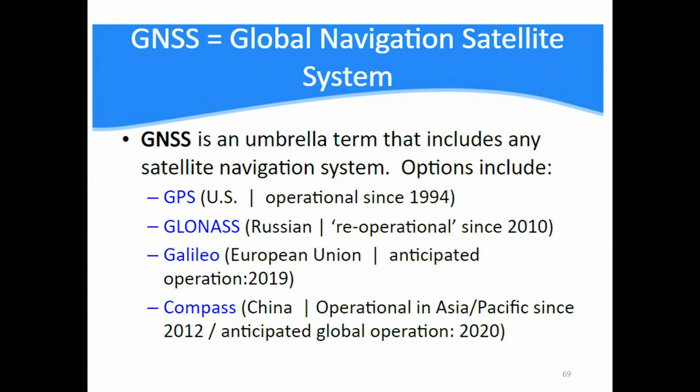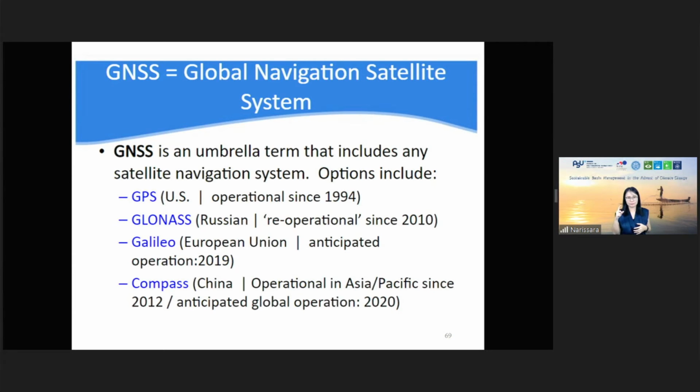Some people always call it GPS, because the GPS was produced by America, which was the first country to produce GPS. That's why, actually, we have to call it GNSS, right?